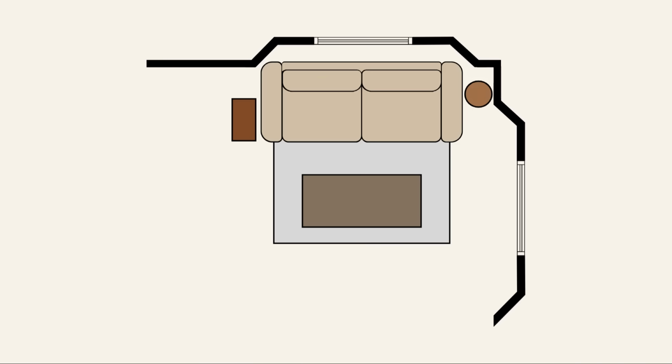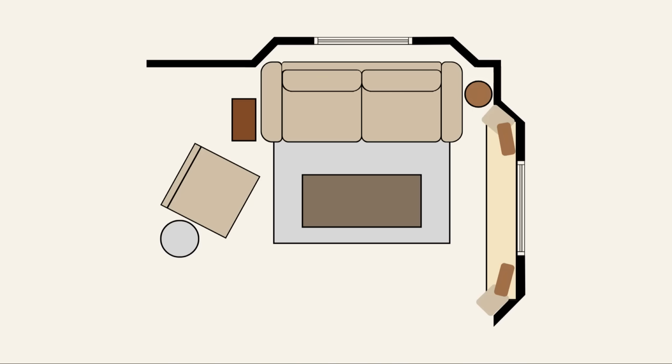Then we have this fun slipper chair that we could place on this one side. But what we have going on now is asymmetrical balance. So if we draw a line down the center of that entire arrangement, we'll notice there's more visual weight on one side. Well, one thought that I had to help counterbalance that is to create a fun window seat area on this side of the room.